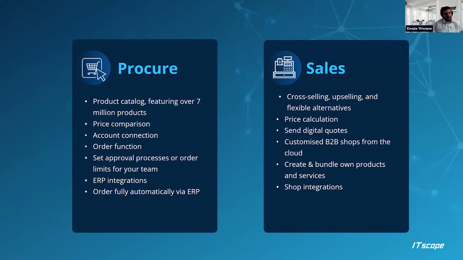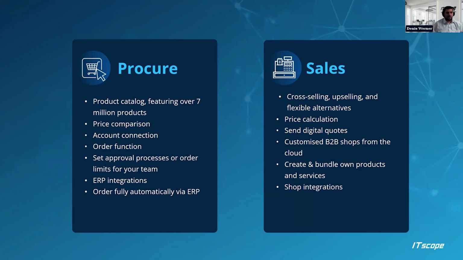Okay, then we have the side of sales. First of all, on the item pages and the item search, we also offer some cross-selling and upselling items for you, which you can quickly offer to your customers. And also, if an item doesn't really fit the needs of your customer, it's quite easy on ITscope to find flexible alternatives.